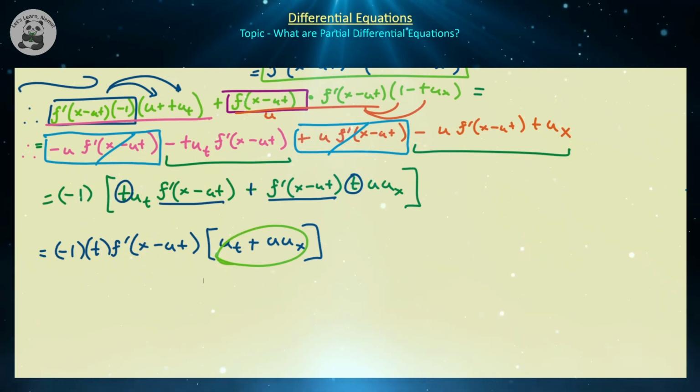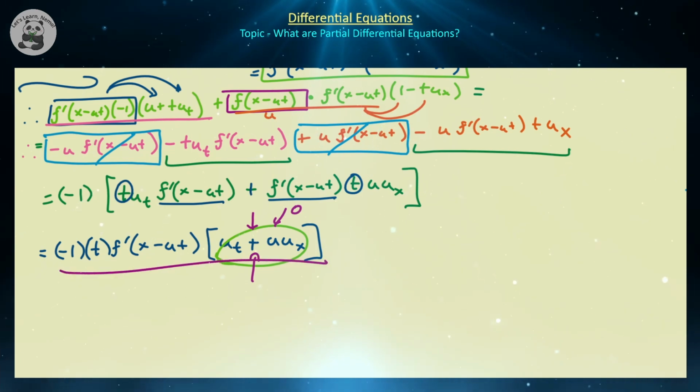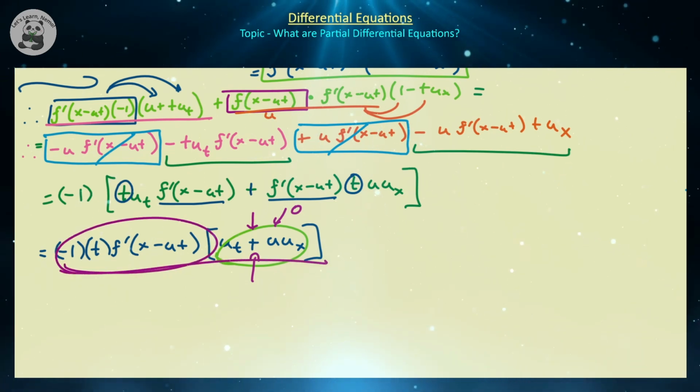Nowhere in this expression of ut plus u ux are we assuming that u is actually equal to that particular function, because this equation, by definition, is equal to 0 for any solution u, even if we don't necessarily know that our f is a solution. So this expression is precisely equal to 0, and 0 times whatever this function is must be identically 0 as well.